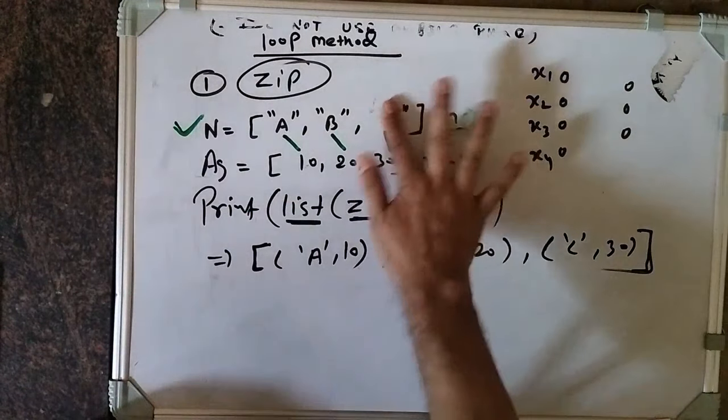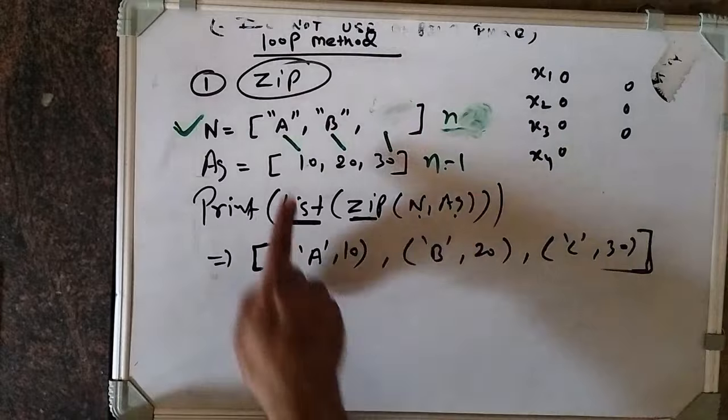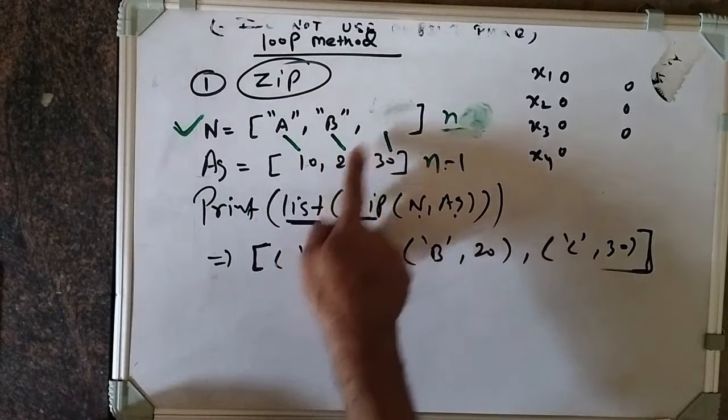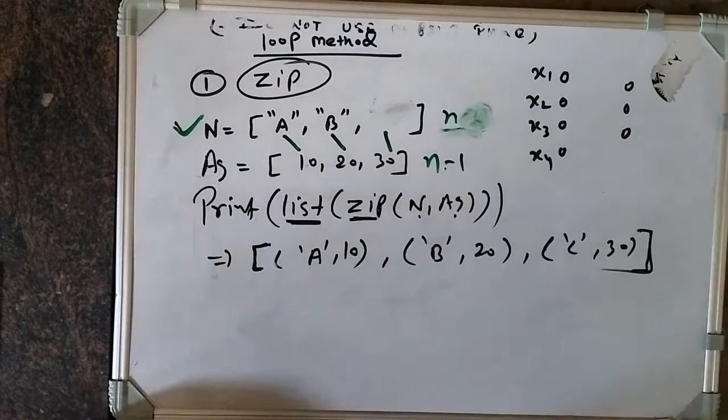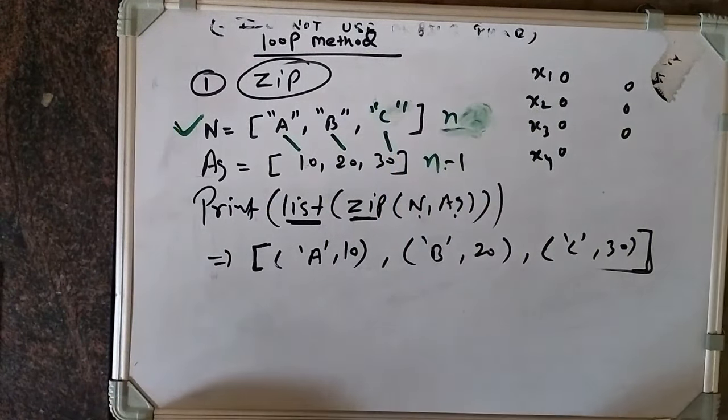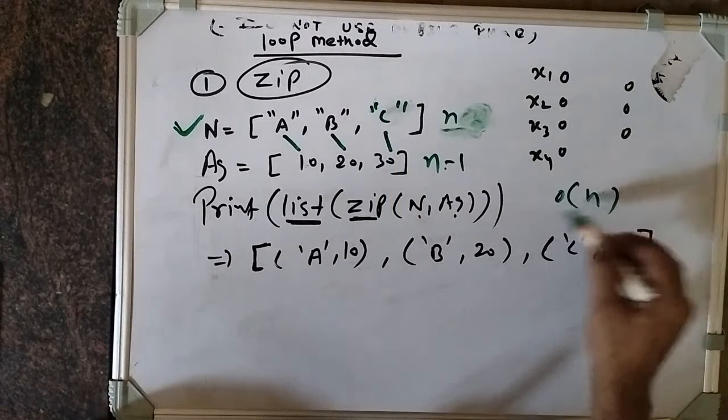Suppose you have not written this one: a is associated with 10, b with 20, and there is no data for the rest, so nothing will happen. I think that you understand. The time complexity is order of n for zip.